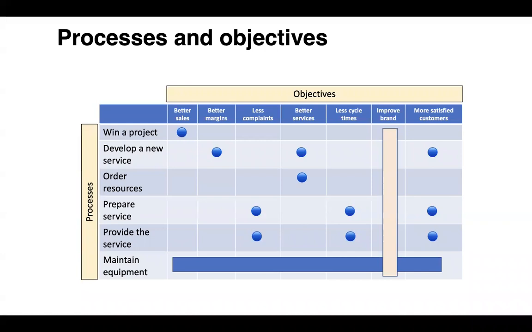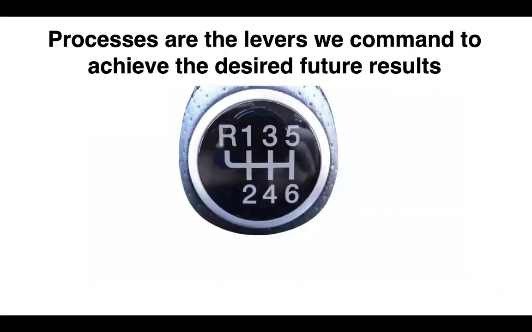Processes where I would say saving money is dangerous, unless your strategy is being the lower cost supplier. So processes are tools, levers we command to meet relevant objectives. Does your management system make use of processes that way?